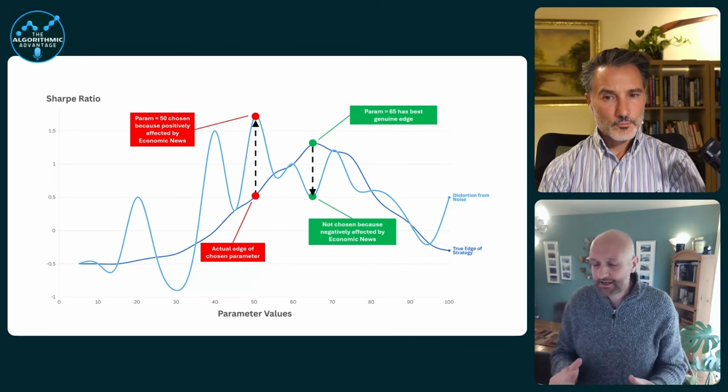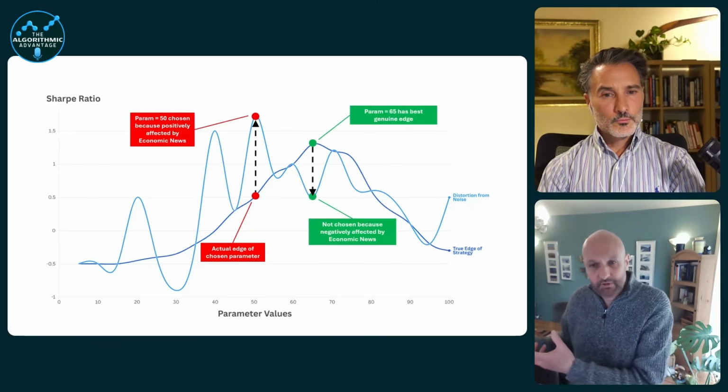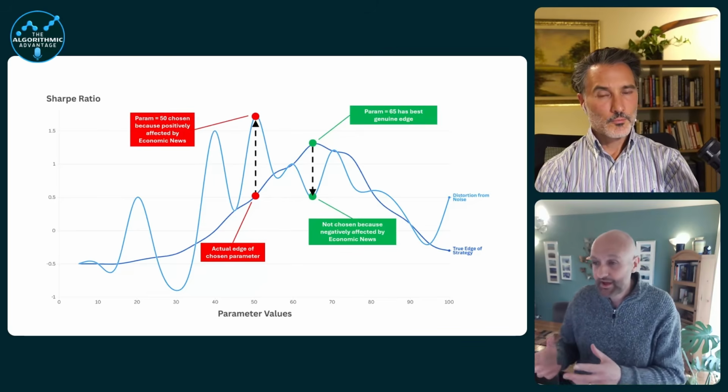If market dynamics stay broadly similar, you can expect that edge to be repeatable in the future. So one is not repeatable, the other is.